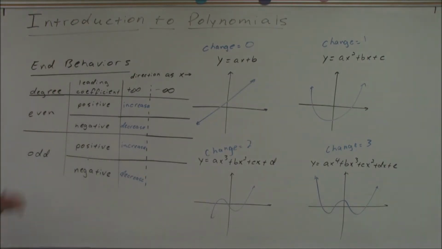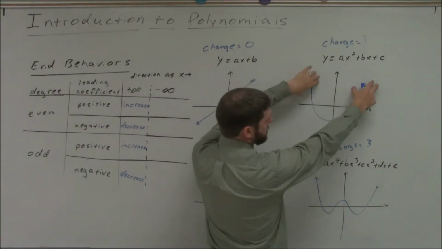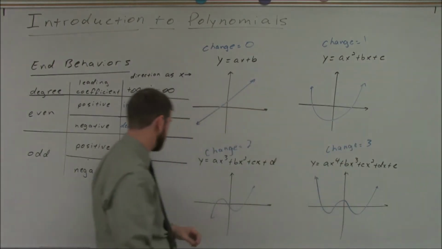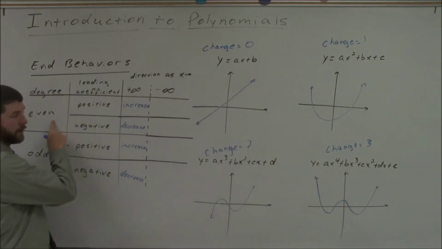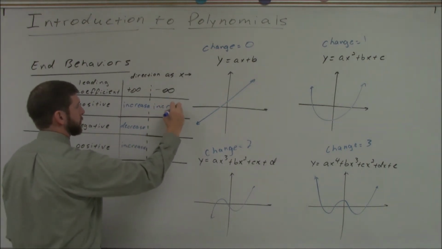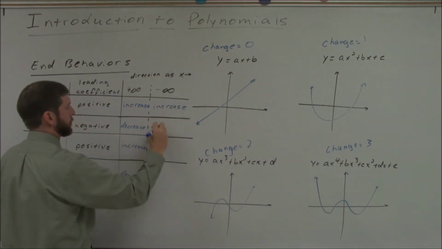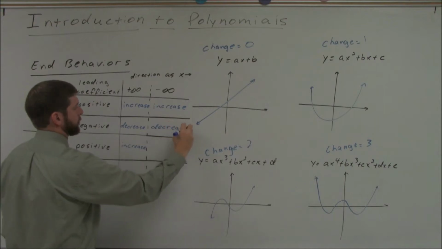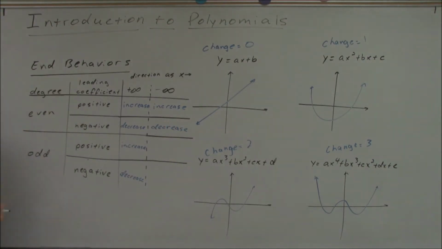Now the even and odd just tells me what the left-hand side is going to be, what we're doing as we go towards negative infinity. So what's going on? If they're even, they're going to be going in the same direction, either both towards positive infinity or both towards negative infinity. So even function tells me to go same direction with them. Odd function, not even and odd function.